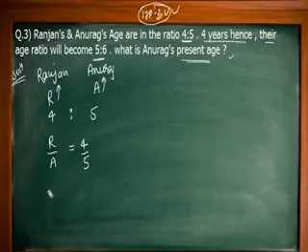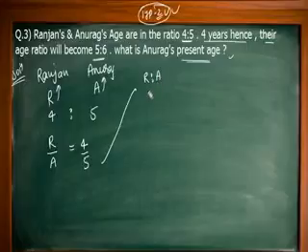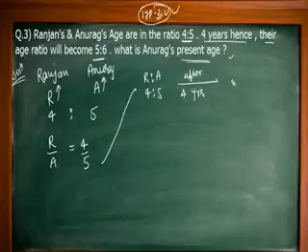4 year hence, guys, see one thing more here. R is to A, that is 4:5, after 4 years the ratio would equal 5:6. This is your whole question here.